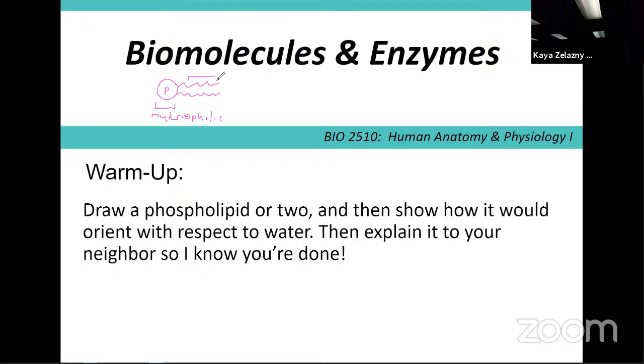So I have these hydrophobic tails. They can't really be abbreviated because they would both be HP, right? Okay. So what is this going to mean for water? Where would we see water clustering around this phospholipid? Yep. So here's our water.